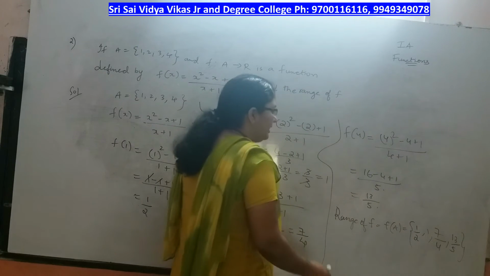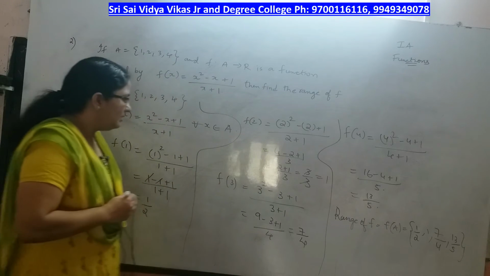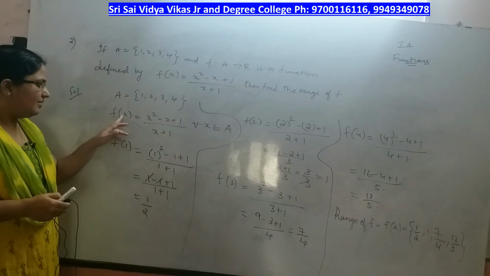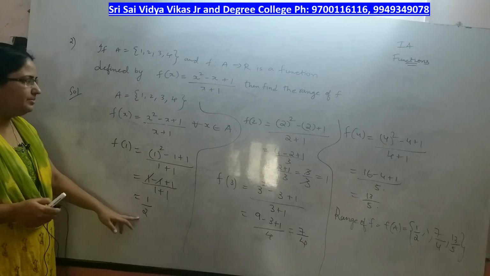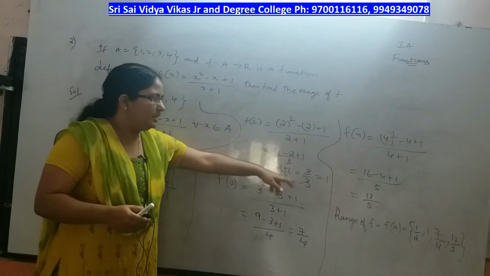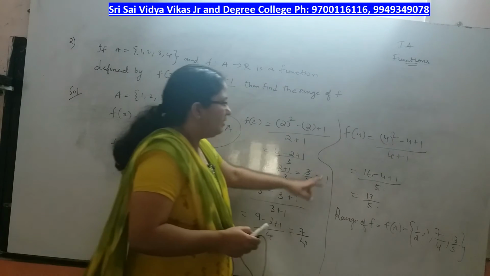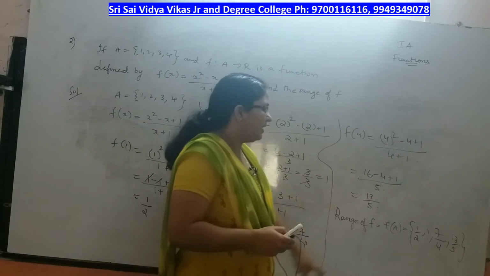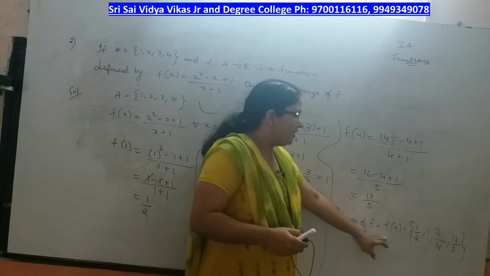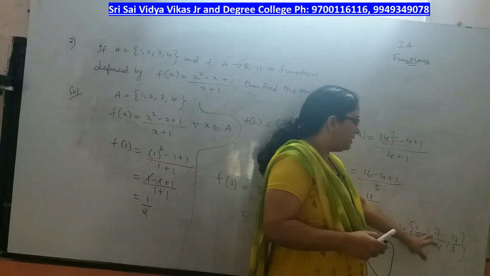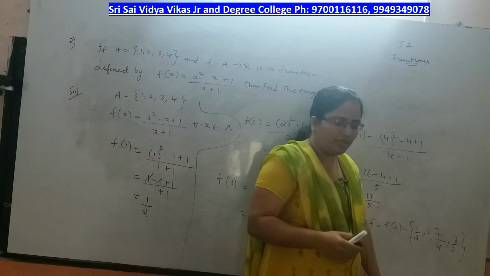This is the range of f. When we are putting 1 you are getting 1 by 2. If you are putting 2 you are getting 3 by 3 which is 1. If you are putting 3 you are getting 7 by 4. If you are putting 4 you are getting 13 by 5. So the range of f of A is equal to {1 by 2, 1, 7 by 4, 13 by 5}.